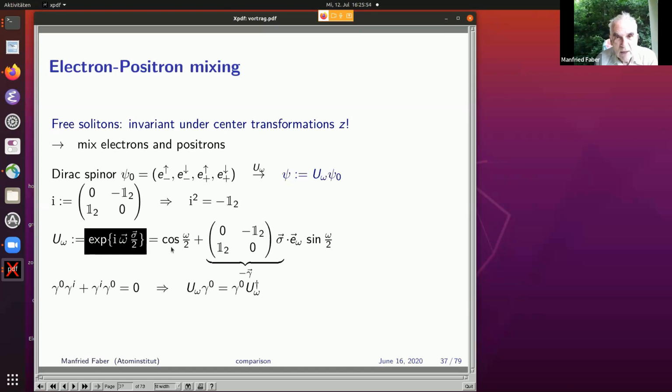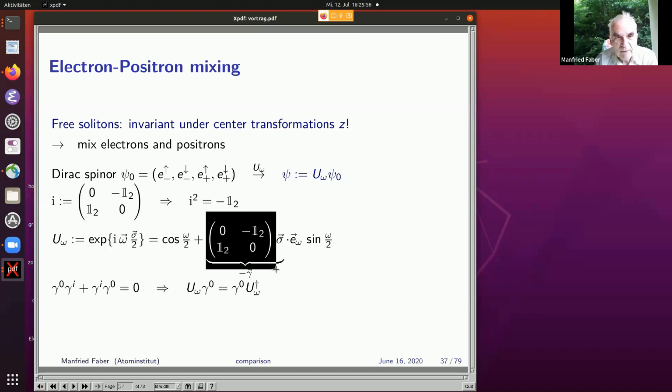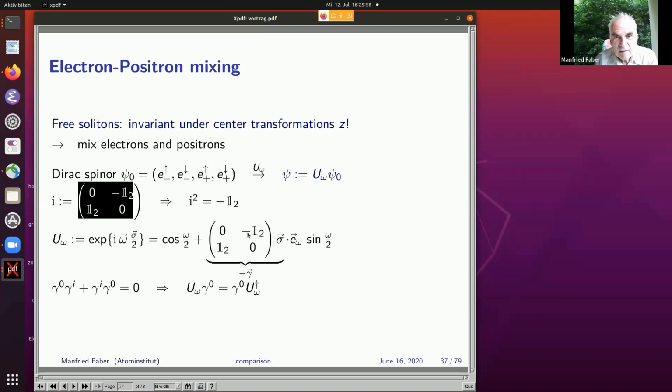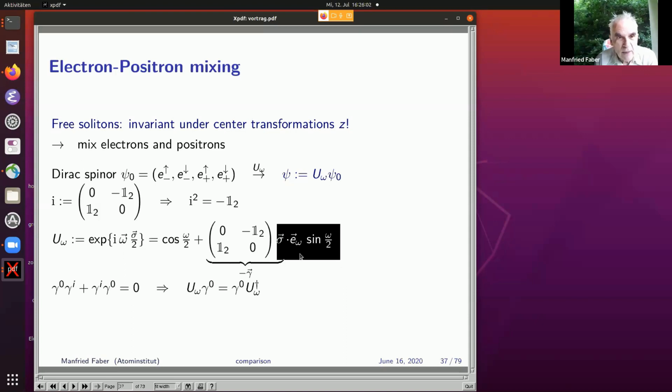This is cosine omega half plus this matrix I times sine omega half, sigma times omega. I multiply this matrix U omega in this 4-dimensional Hilbert space with gamma 0, and we see immediately that if you commute it with gamma 0, you get here U omega dagger.